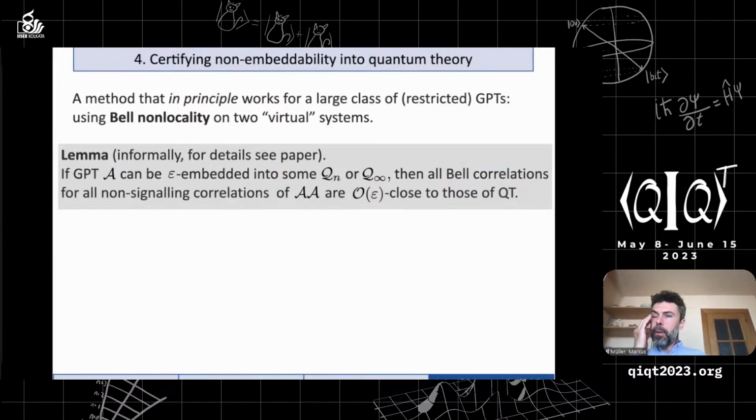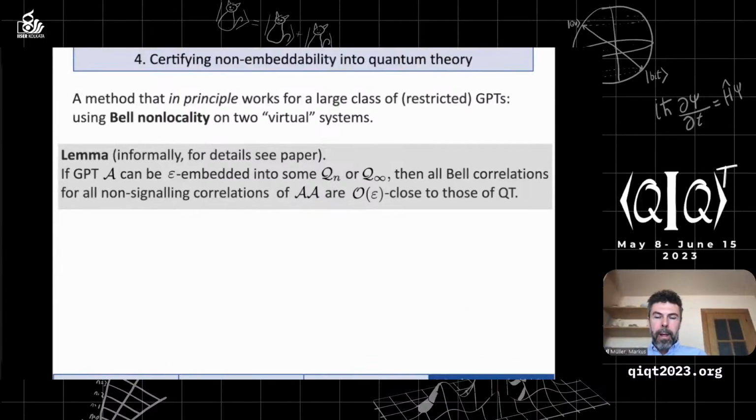So essentially what we show, the details are in the paper, is that if you have a theory A that can be embedded into quantum theory up to epsilon, either in some finite dimension n or in infinite dimensions, if it can be embedded approximately, then all the Bell correlations, all non-signaling correlations of AA, of two copies of A, must be order epsilon close to quantum correlations.